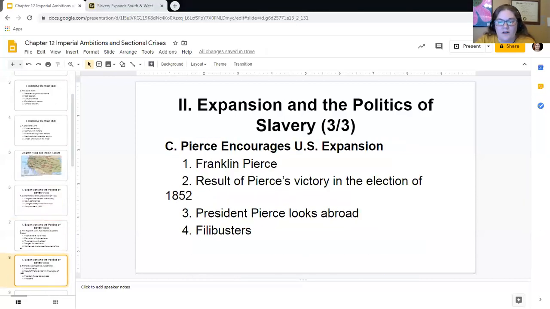So I want to talk about the Fugitive Slave Act because this is going to become the proverbial catalyst of 1850, although most did not realize it in 1850. So the Fugitive Slave Act of 1850 is part of the 1850 Compromise, and it strengthened and harshened the previous fugitive slave laws.